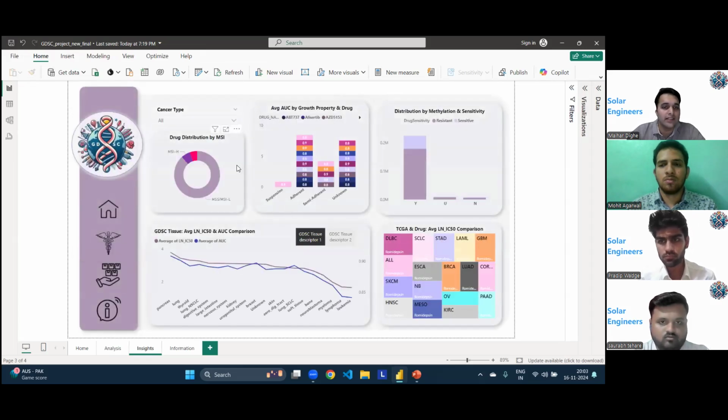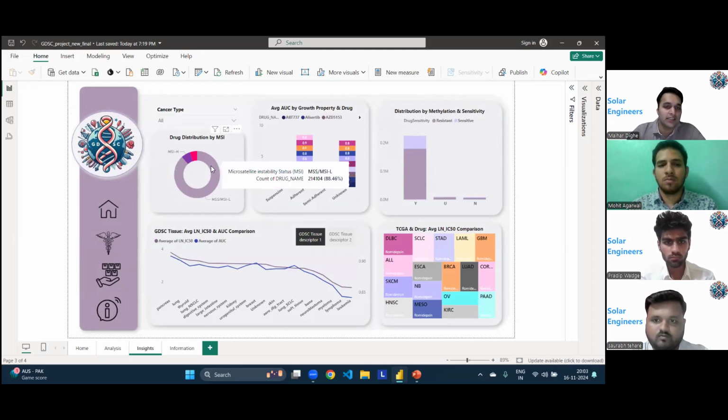As you can see from this page, we have lots more graphs. The first graph is showing the drug distribution by MSI, which is the microsatellite instability status. It shows the count of the drugs which are used on patients till now, and it shows a very high rate of positive, which is 88%.